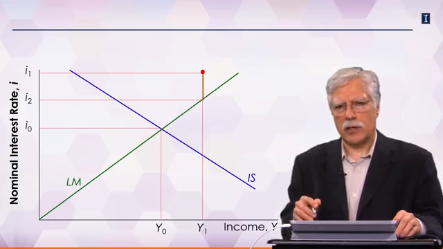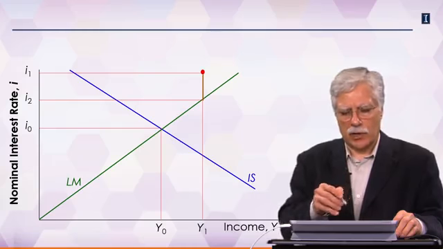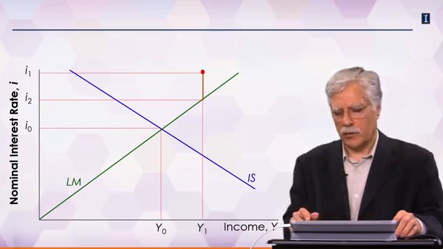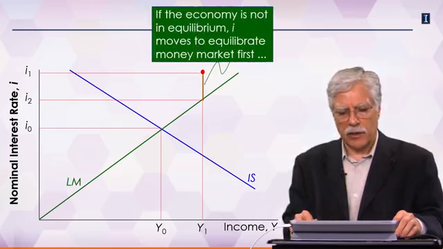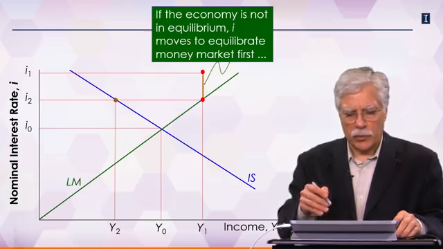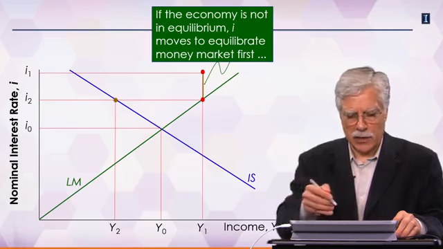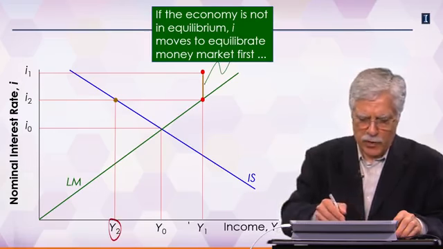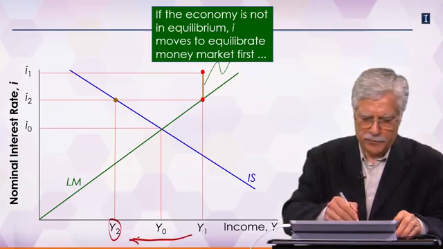But the economy is not going to stay at interest rate I2 and real income Y1. The reason is that at this level, interest rates are too high to sustain an income level like Y1. In fact, at I2, the equilibrium level of income that can be sustained in the economy is Y2, which is far lower than Y1.